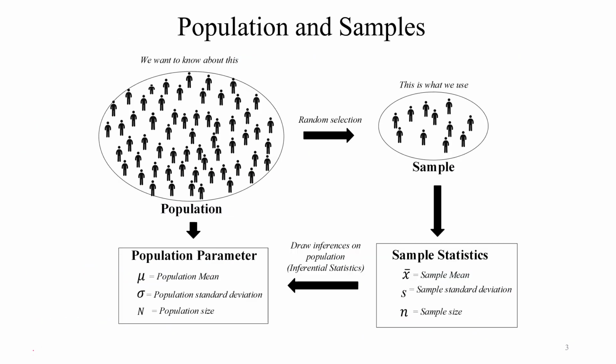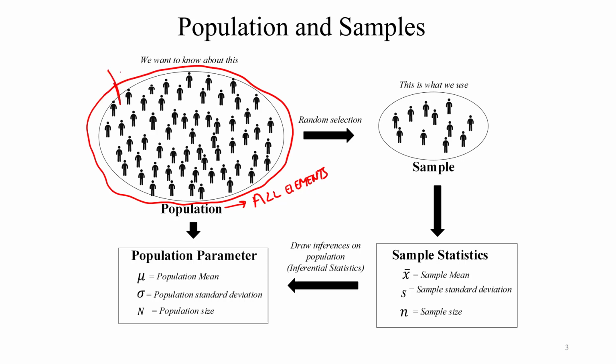In this slide we will use a framework to understand the terms which we discussed in the previous slide. So population is all elements. This bigger or larger set is a population.